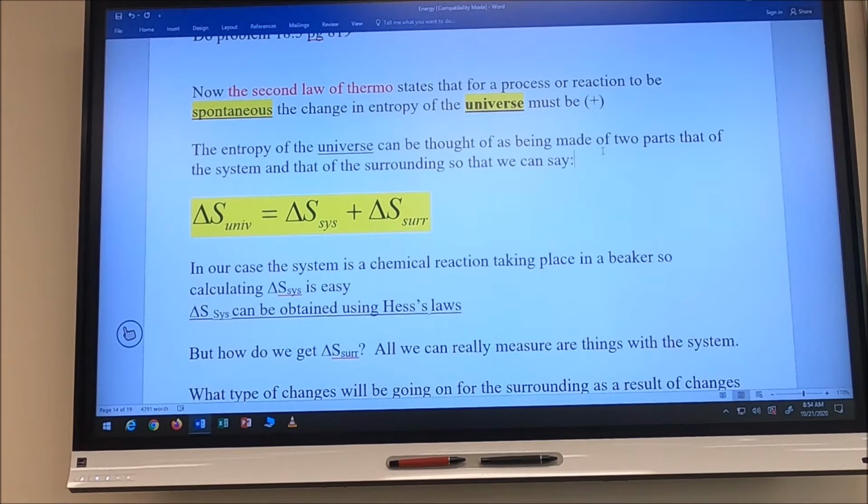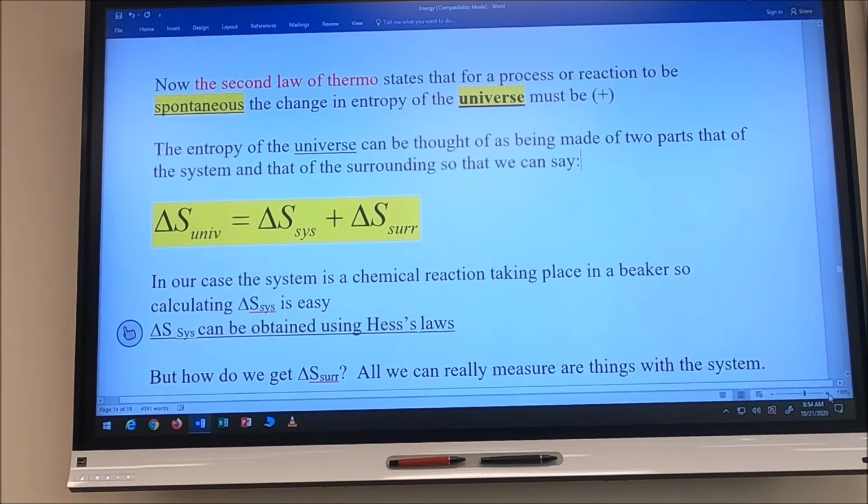Today we are continuing on looking at energy, and we are concentrating on the second law of thermodynamics. It states that for a process or a reaction to be spontaneous, the change in entropy of the universe must be positive.